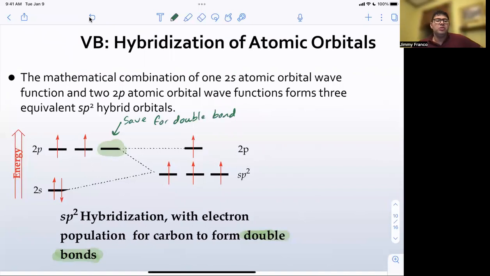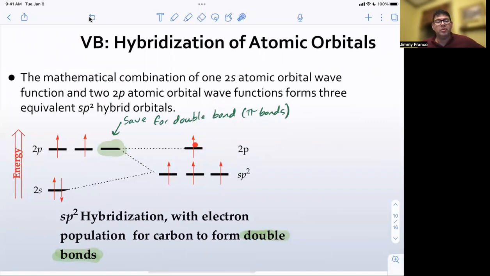So we're going to save one of those p orbitals for the double bond, and we actually call those double bonds pi bonds. And so we're going to save it for that pi bond, which means that now it's no longer there to be hybridized. So the only ones we can hybridize are the ones that we leave behind.